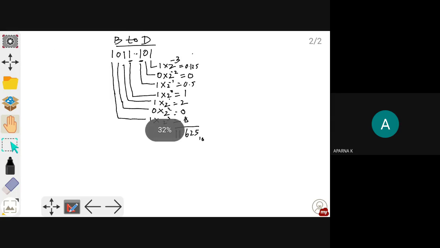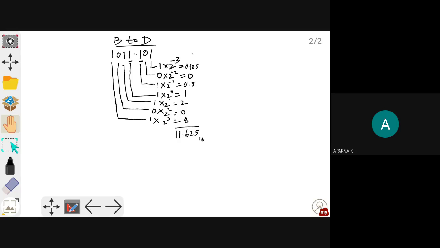So is it clear? So are you able to understand? So binary to decimal, if you want to convert, the base is 2. So you have to multiply each digit with its place value. From the point, you have to multiply with 2 power minus 1, 2 power minus 2, 2 power minus 3 in the right side.